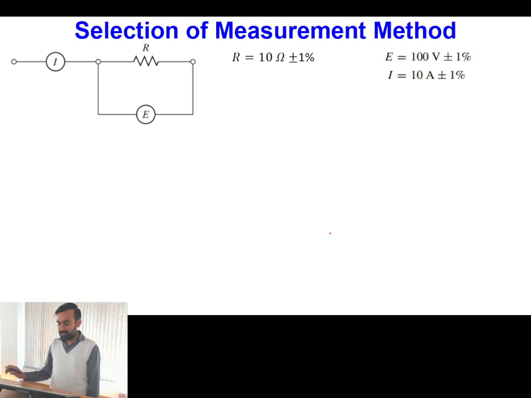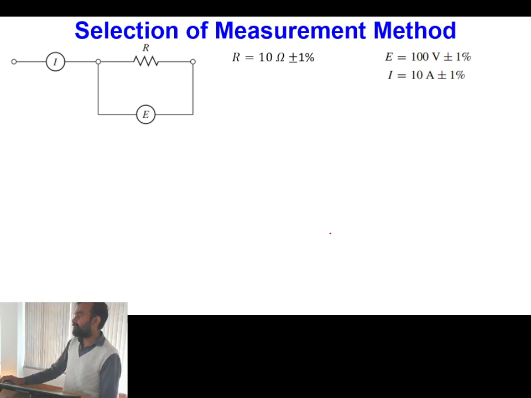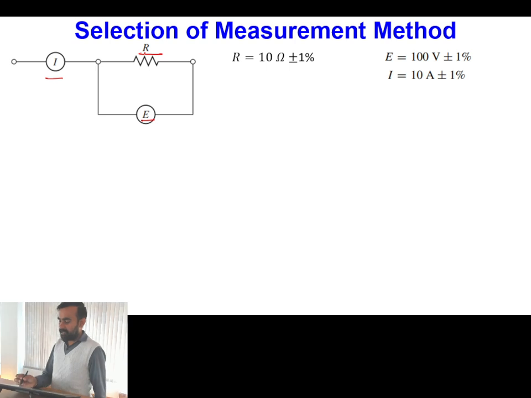This is the important point, selection of a measurement method. Typically, whenever we do the measurements, again for measuring power, I have now three different possibilities: current, voltage and resistance, and the individual uncertainties are also listed over here.